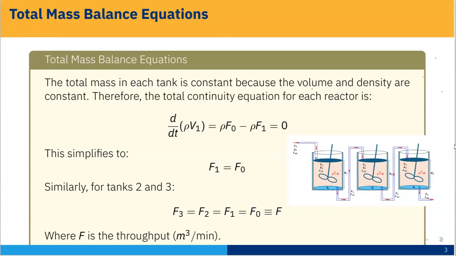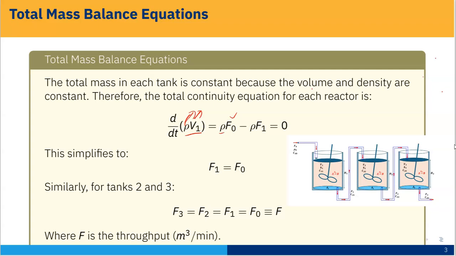Now here first we are going to do the total mass balance. The total mass in each tank is constant because the volume and density are constant. Therefore the total continuity equation for each reactor is d/dt of ρV1, where ρ is density and V1 is the volume, so that is mass, equal to ρF0, the inflow rate, minus ρF1, the outflow rate, and that is equal to 0 because volume is constant and ρ is constant, so this term is 0.